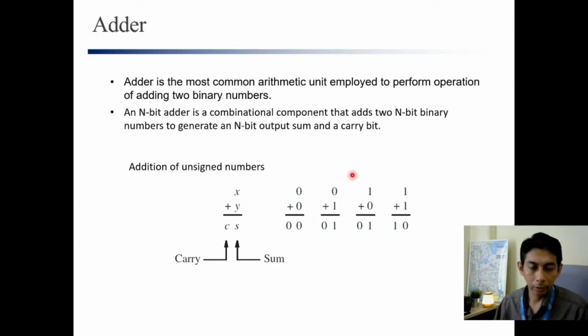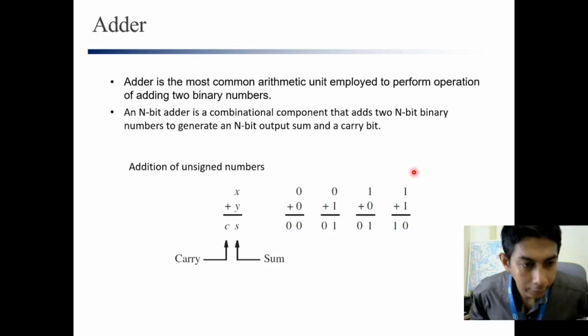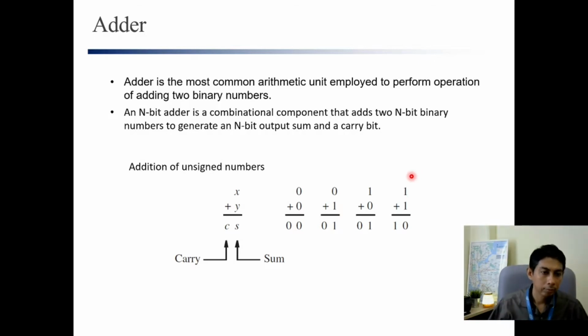Again we need to go back to the fundamental one, which is 1 bit. So how do we design a 1 bit adder? For a 1 bit adder, we have two inputs, x and y, and we have the output sum, which is the product of the addition.